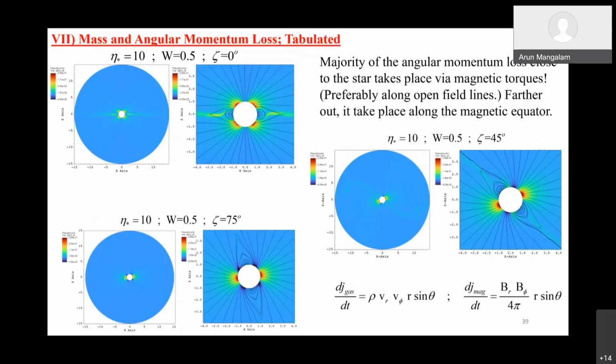But the gas, as you said, comes back, right? In certain places, it falls back. So when you're drawing a sphere at some point and asking what is the spin down of the star, right? Yeah. There would be some part that is going into the torque and the electromagnetic loss of angular momentum.